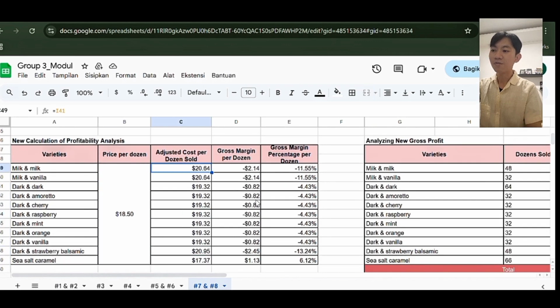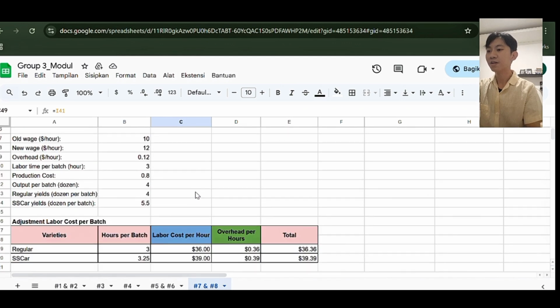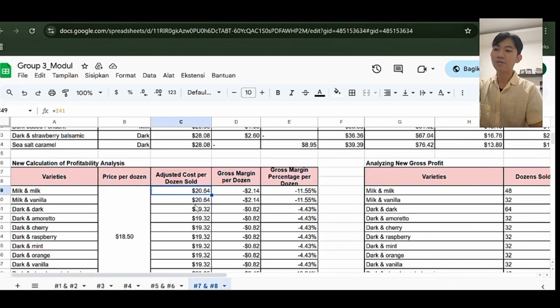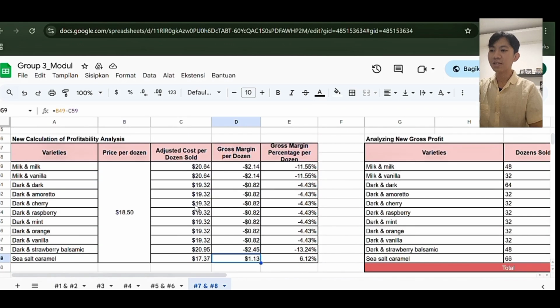We use full premium chocolate instead of bulk chocolate, so the gross margin per dozen is mostly negative for nearly all the varieties. Only the sea salt caramel is still profitable, but it's not a good margin because it's only $1, which is only 6%, not good enough.